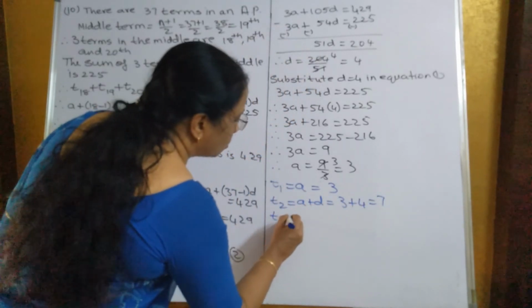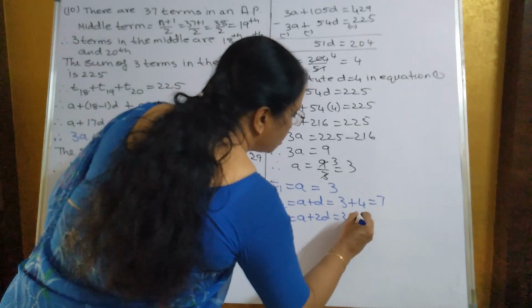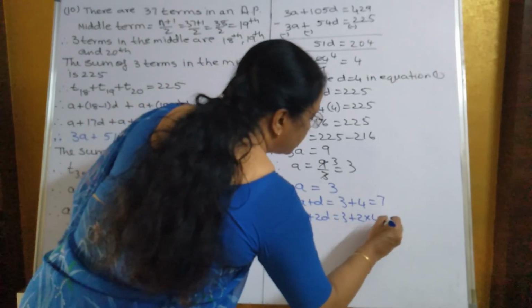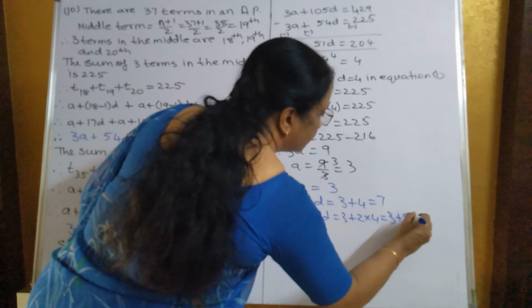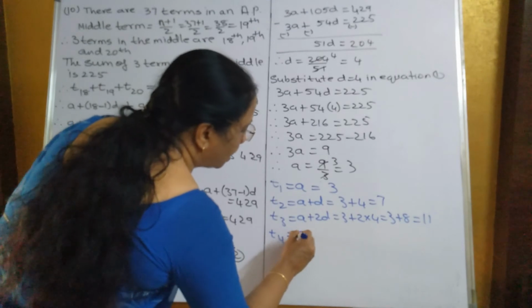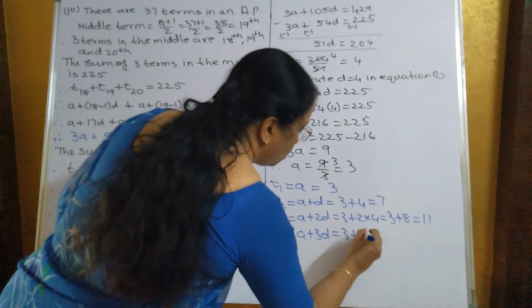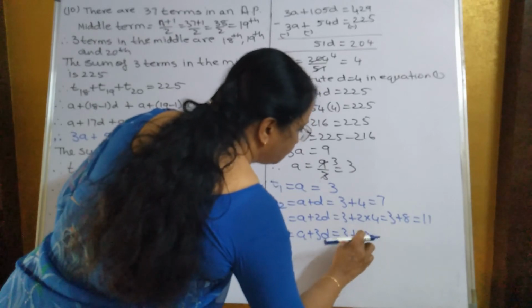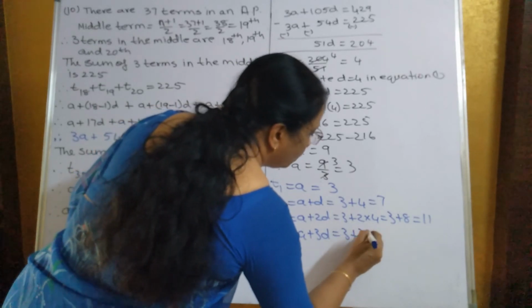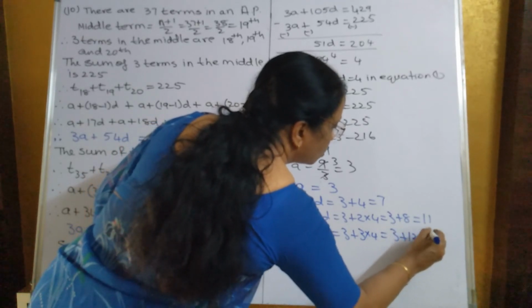T3 is equal to A plus 2D, that's equal to 3 plus 2 into 4, that's equal to 3 plus 8, that is equal to 11. T4 is equal to A plus 3D, that's equal to 3 plus 3 into 4, that's equal to 3 plus 12, that's equal to 15.